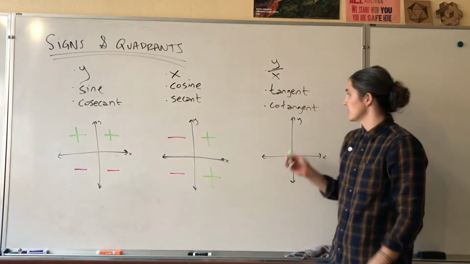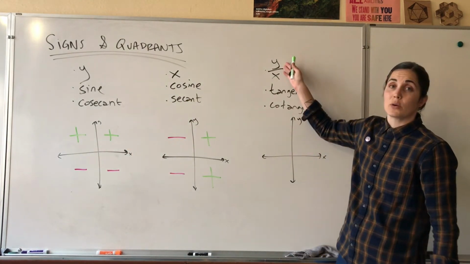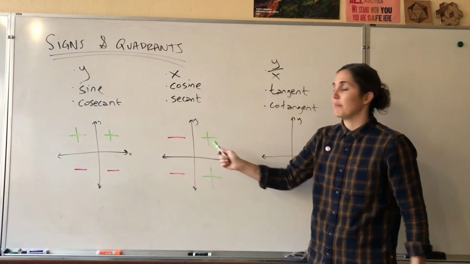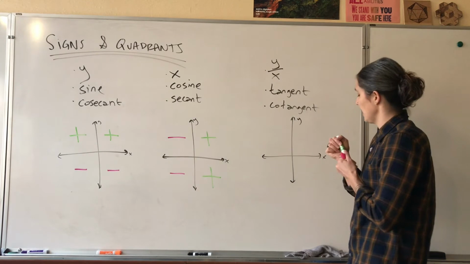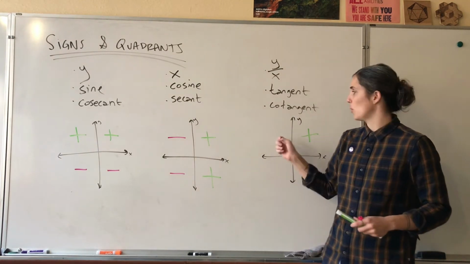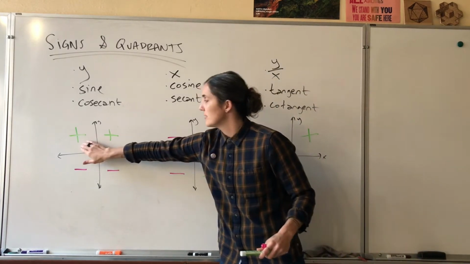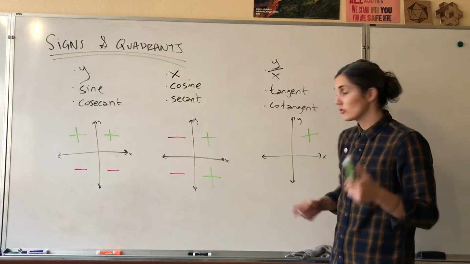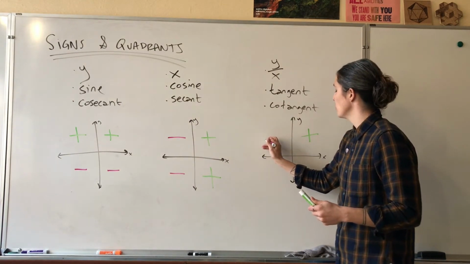As a reminder, since in quadrant 1 we're dealing with y over x, positive divided by a positive gives us a positive. Great. What about in quadrant 2? Y divided by x, positive divided by a negative, means that in quadrant 2, our tangent values will be negative.